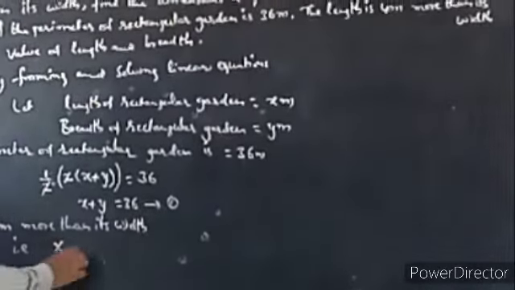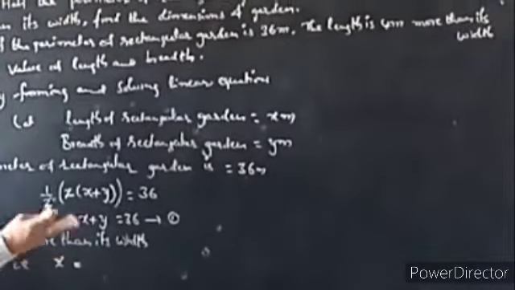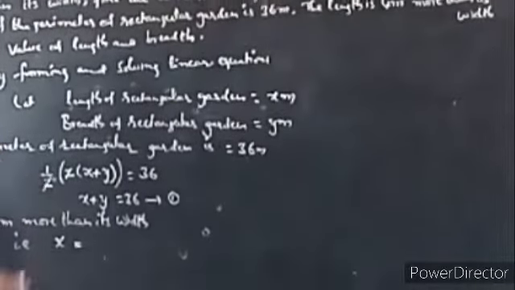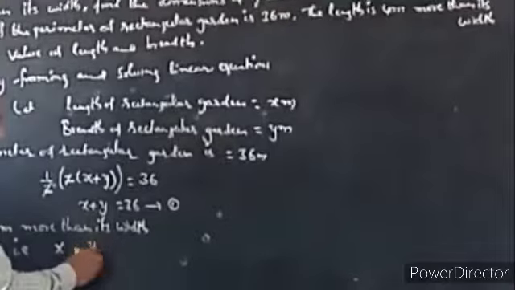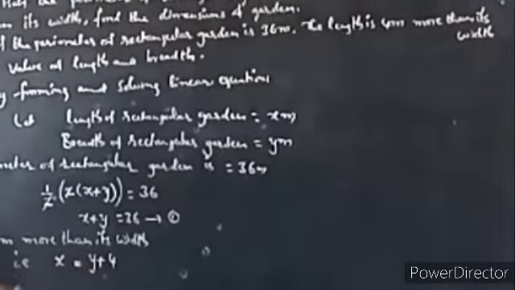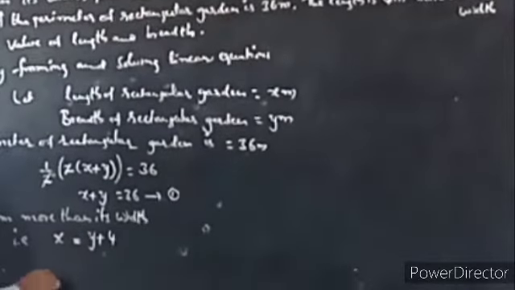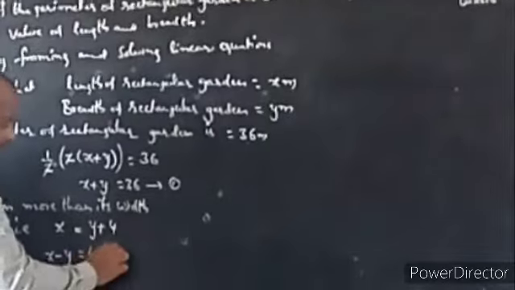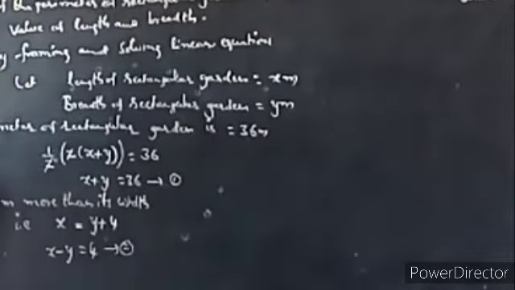Length is x. 4 meters more means for breadth we have to add 4. Breadth is y plus 4, so x equals y plus 4. y will be transposed to the left side. It becomes x minus y equals 4. This is equation number 2.